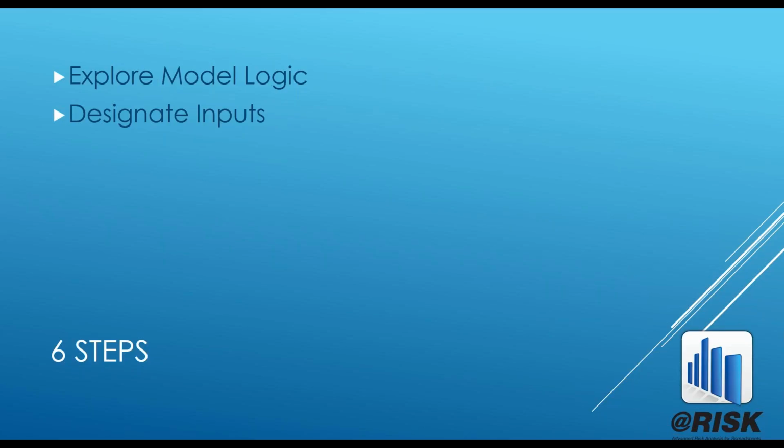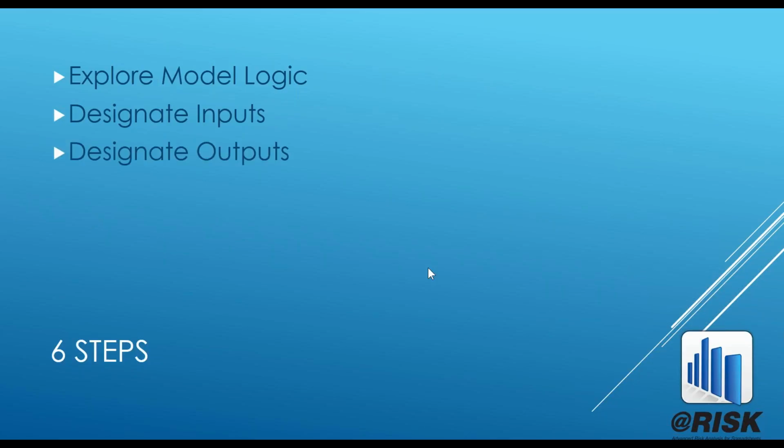The other ones you could leave with single point estimates if they don't have a significant impact on your output. TopRank will assist you in finding out what those inputs are. Then when you're in @RISK, you will designate those inputs, and we'll show you how to do that today.